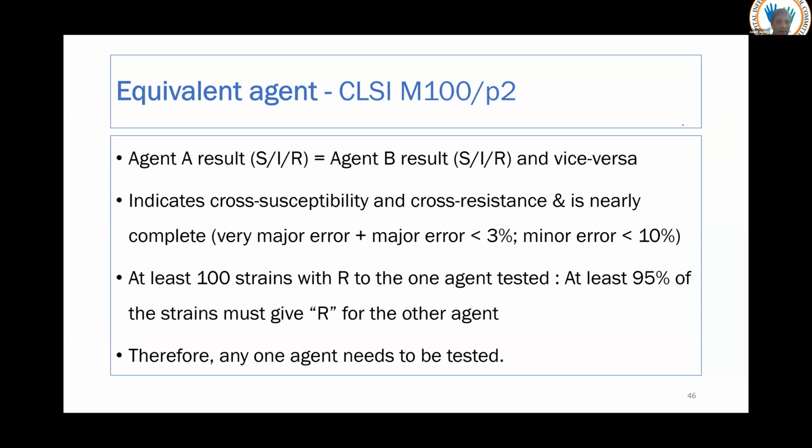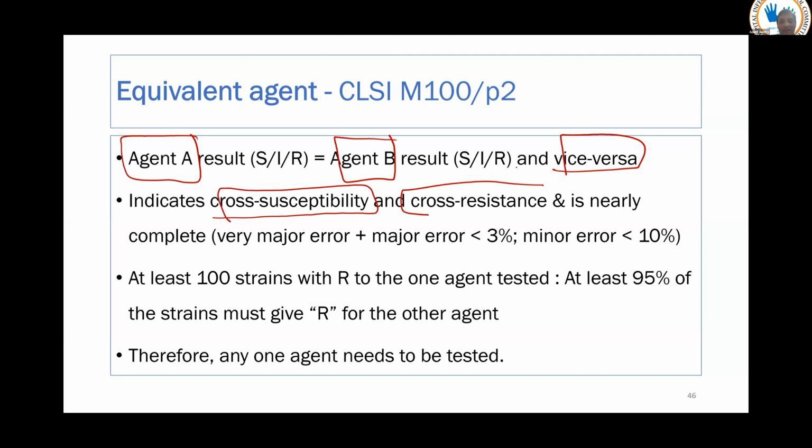Okay. So equivalent agent means what? The result of agent A can be extrapolated for agent B and vice versa. Why? Because they show cross susceptibility and cross resistance.